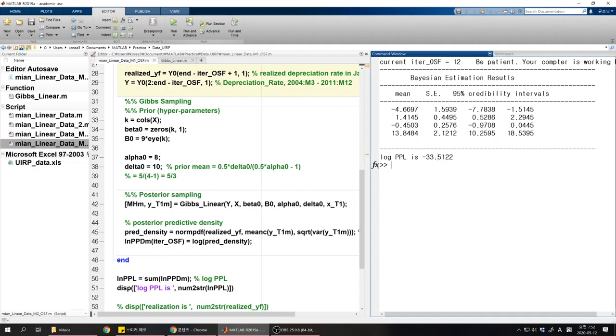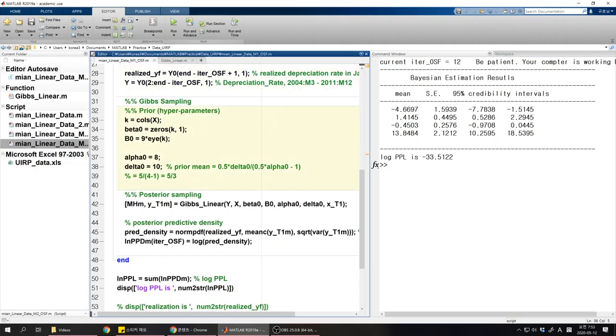Let me show you how much it can be. Let's think of the standard normal distribution. What's the mean of the standard normal distribution? Analytically or theoretically, it's exactly zero. But here we are using numerical approximation. Then there must be an error, right?